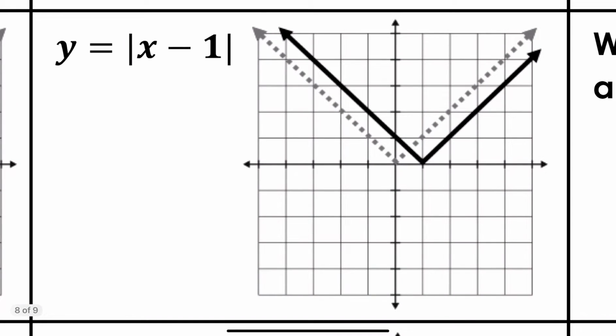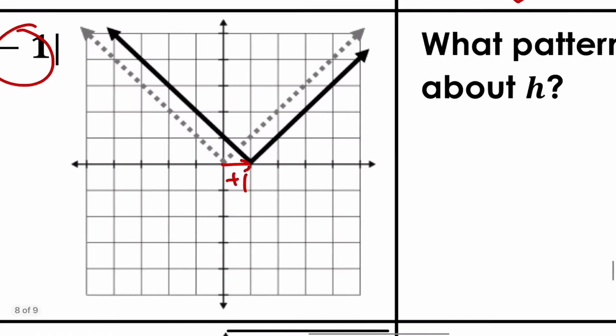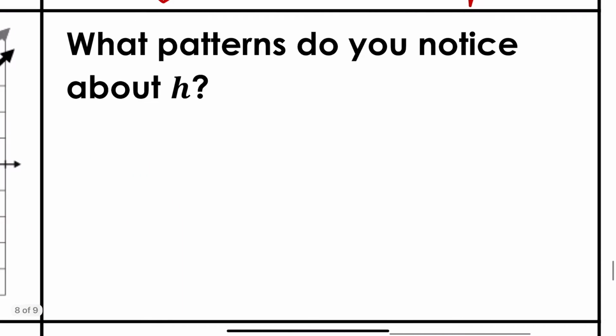And it looks like this one is too, because we're starting over here and then moving to positive 1, even though we have a negative 1 in our formula. So that's telling me that H is opposite of what it gives you. And that's the same as it was for our HK formula back when we were doing our lines. H is always going to be opposite, so be very, very careful about that.